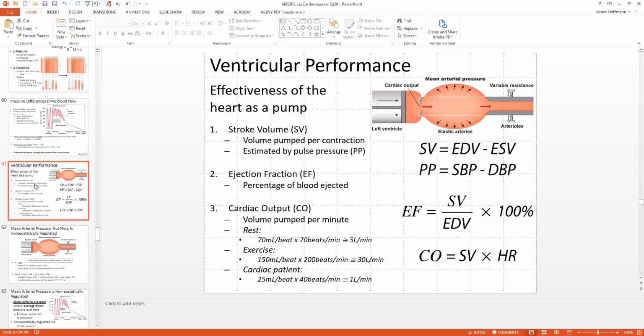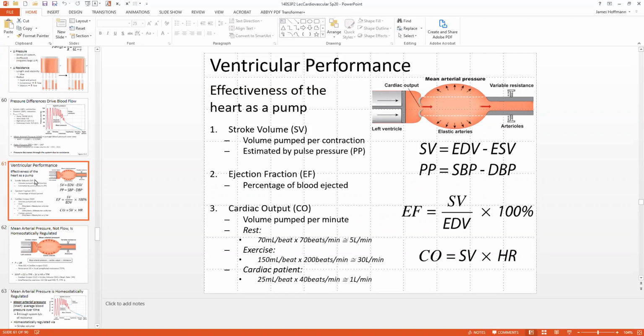It is about the baroreceptor reflex arc and how it opposes changes to mean arterial pressure in the short term, and it's with the kidney.